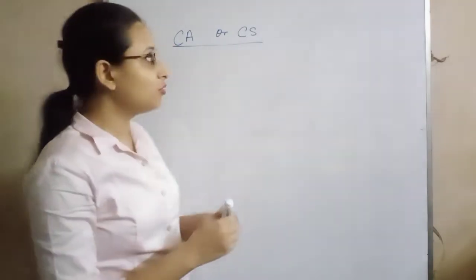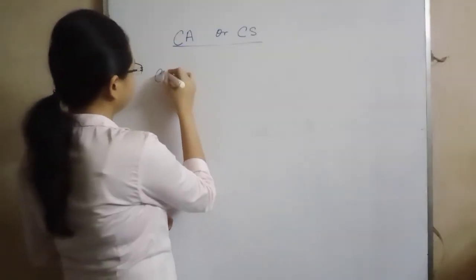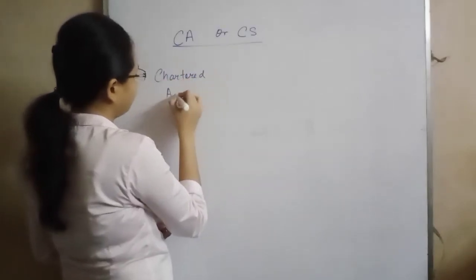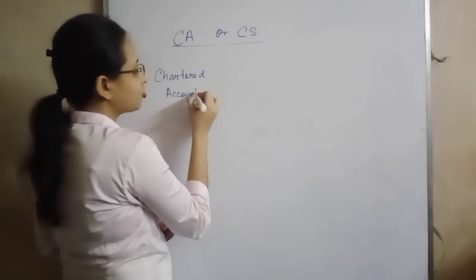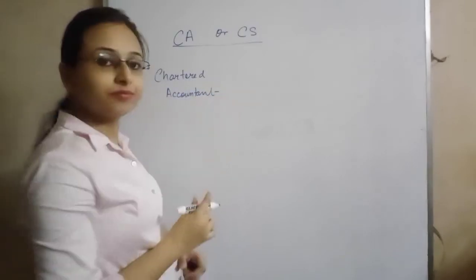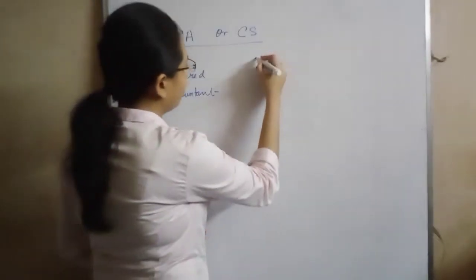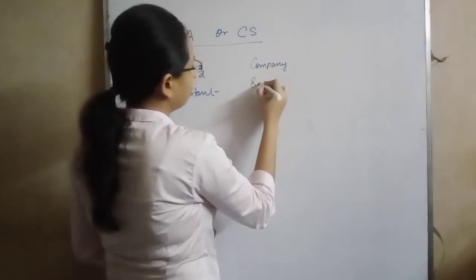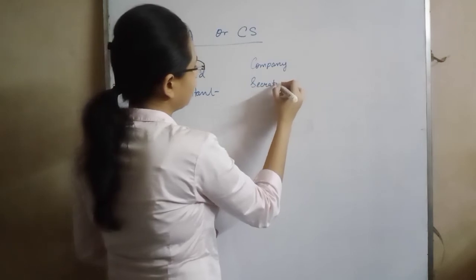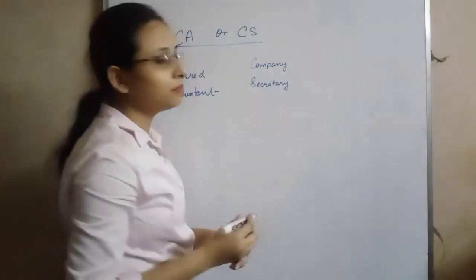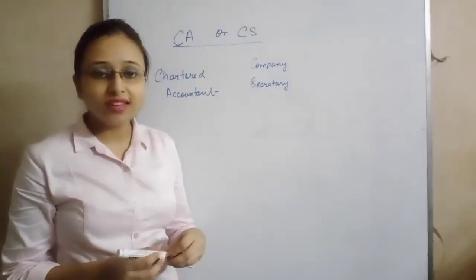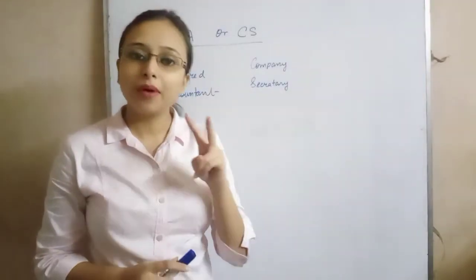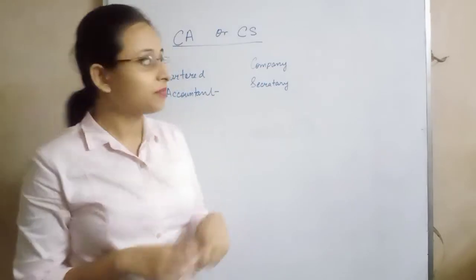Now, let me say you, CA stands for Chartered Accountant and CS stands for Company Secretary. So these are the two different type of exams that are conducted by two different councils.